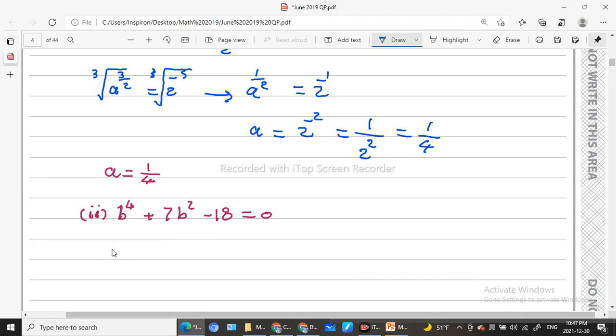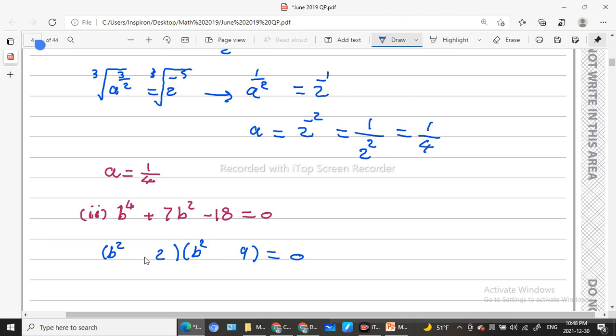Now factorizing. b to the 4 is factorized as b squared times b squared, and the negative 18 is factorized to 9 and 2.